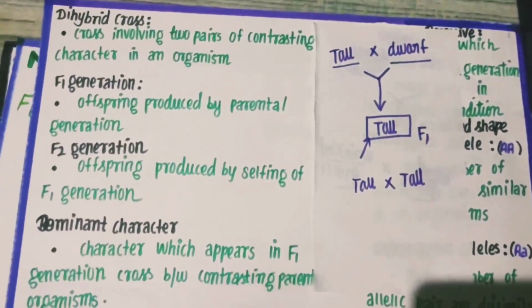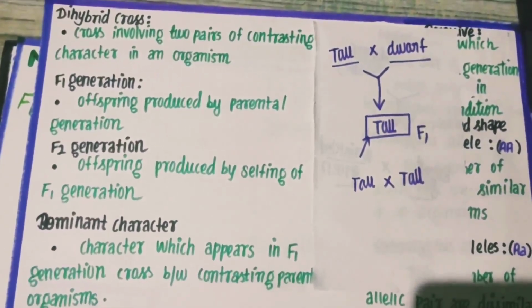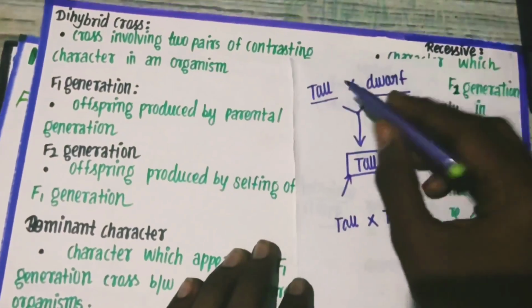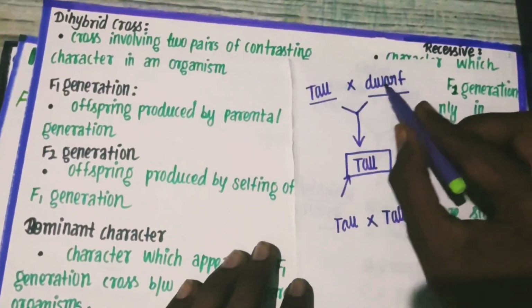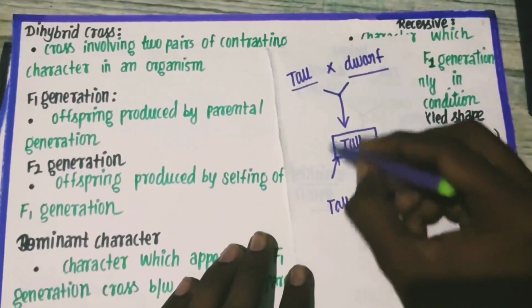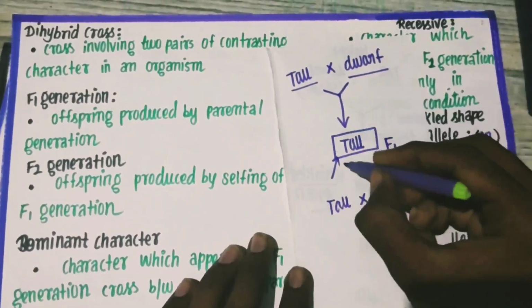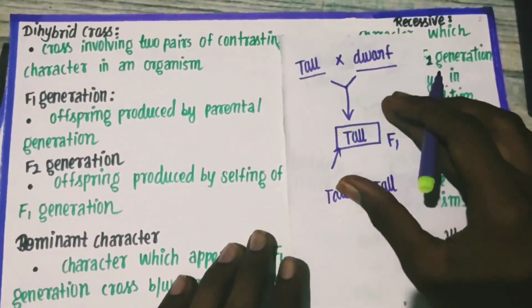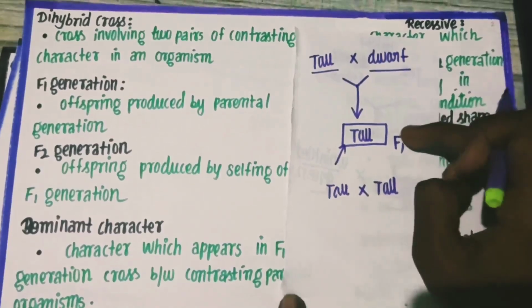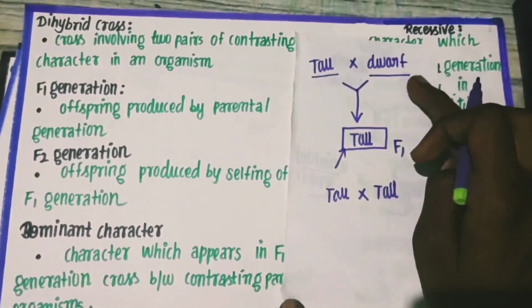Now, dominant character. The character which appears in the F1 generation. We crossed the tall plant and dwarf plant, which was our parental generation. But in F1 generation, all are tall. This particular character is called the dominant character. The other one, which was hidden in the F1 generation, is known as the recessive one, right kids?